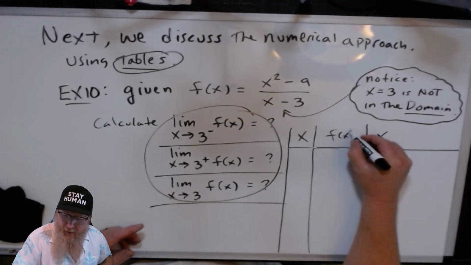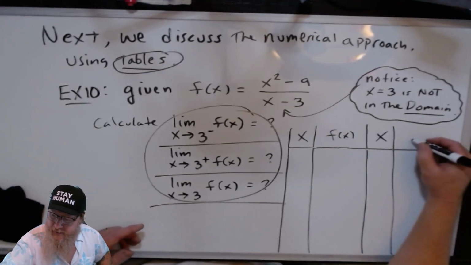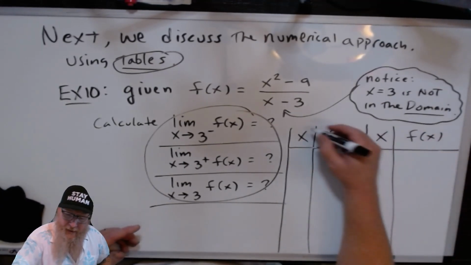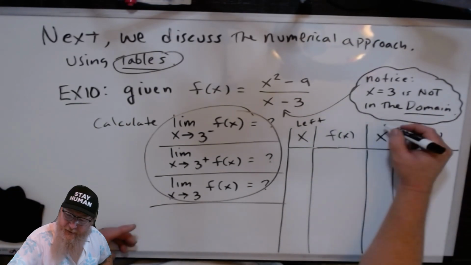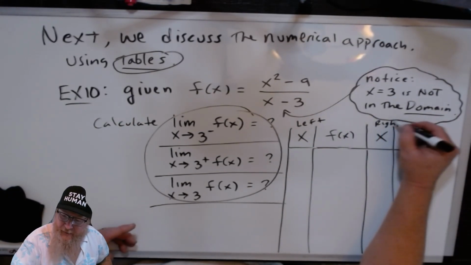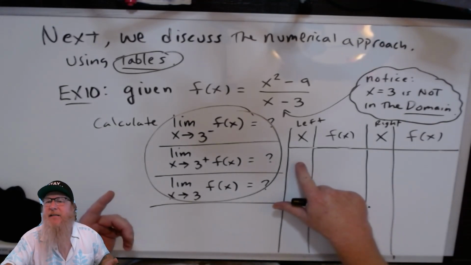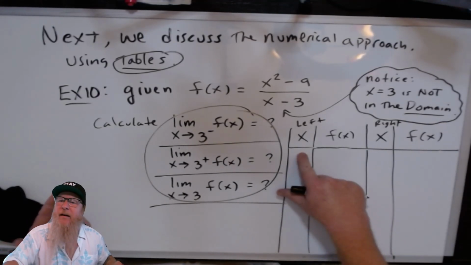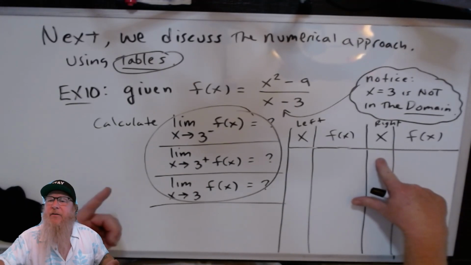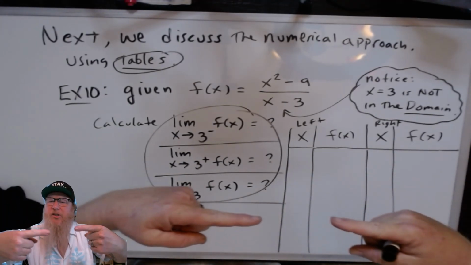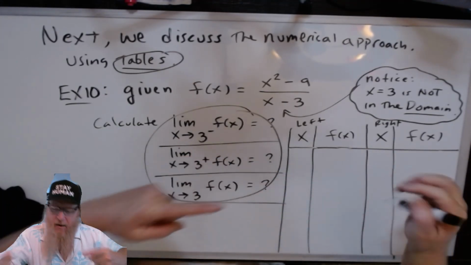Then we're going to plug in the x's. This one will be on the left, and this one will be on the right. We're going to plug in numbers that are less than 3 here, and numbers that are greater than 3 here, and we're going to squeeze out the limit numerically.